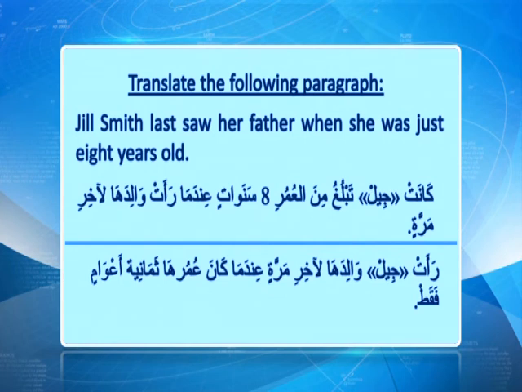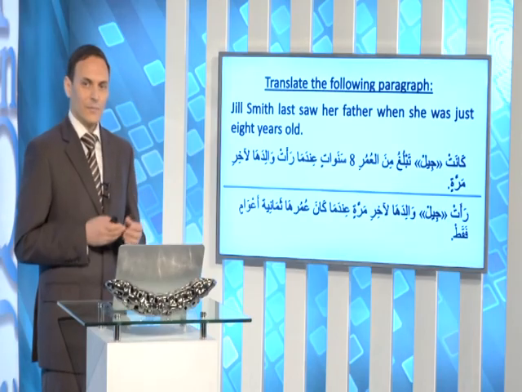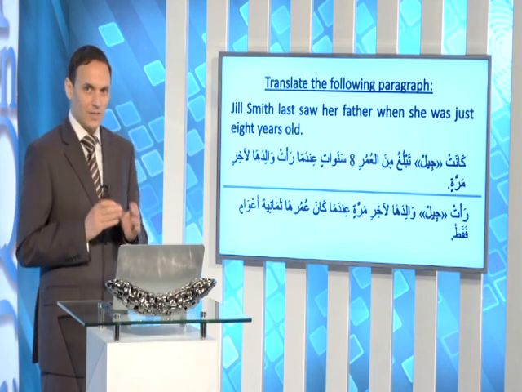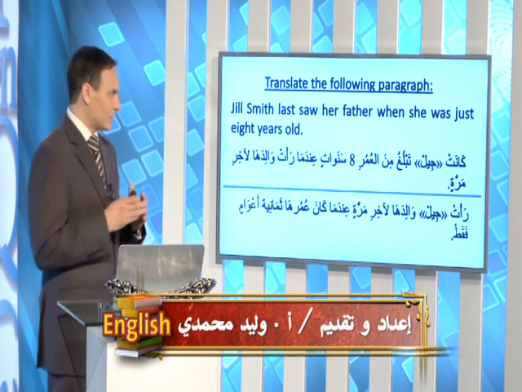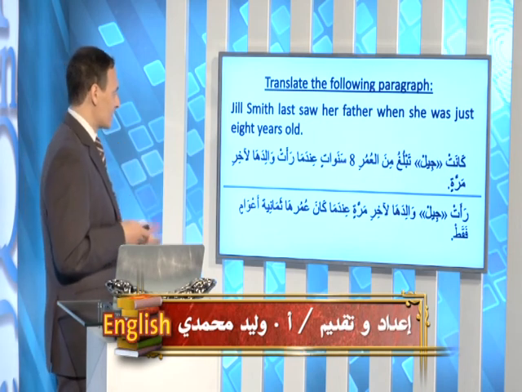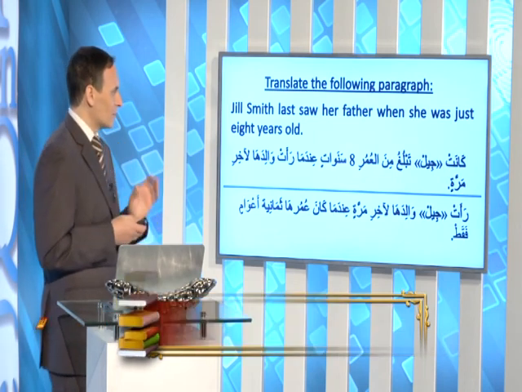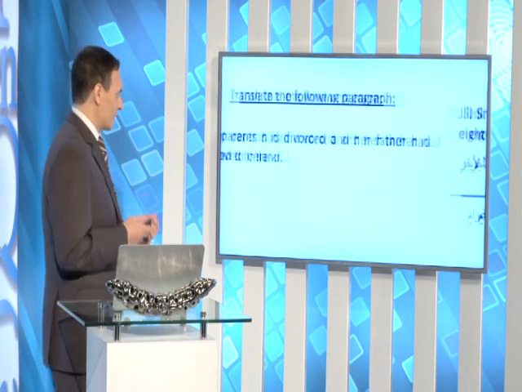Have you noticed that these two sentences, the Arabic sentences, are not quite alike in wordings, but they carry the same message? That's what we are after when we translate. We are after the message. We try to communicate the message in the sentence, and we are not after word for word translation.